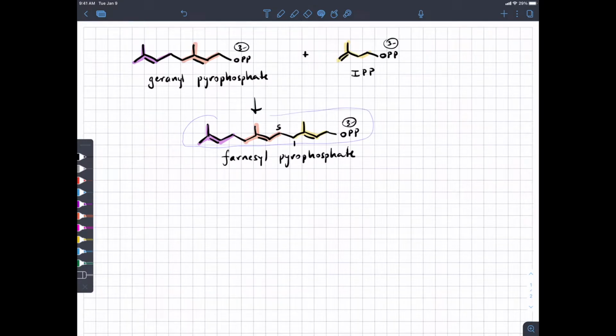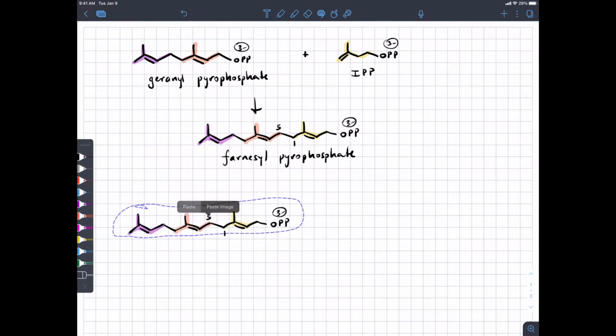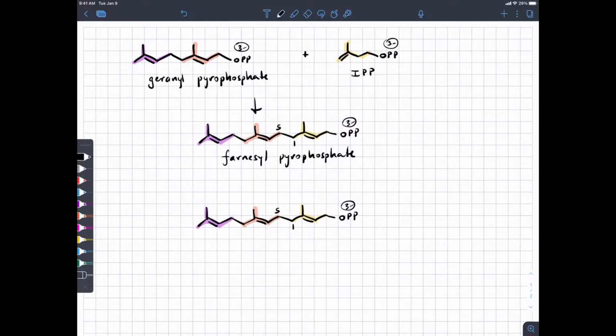What happens next in cholesterol synthesis is, well, if you count the number of carbons in cholesterol, there's 30, whereas there's only 15 carbons in farnesyl pyrophosphate. So we need to combine 2 molecules of farnesyl pyrophosphate together.